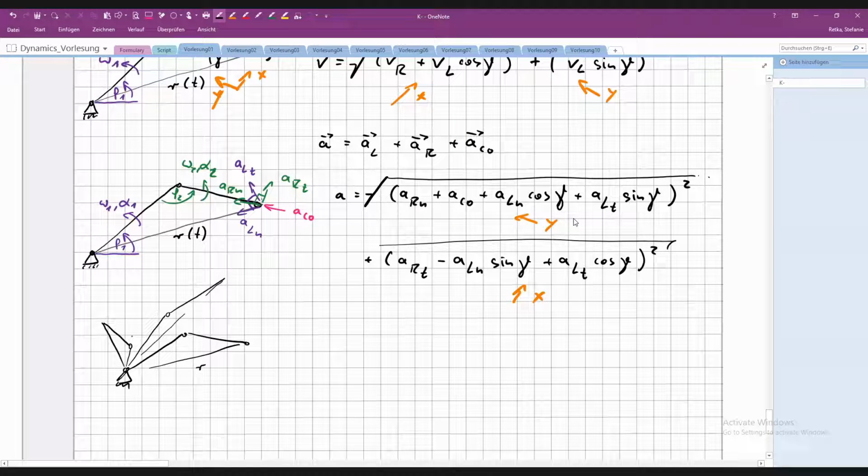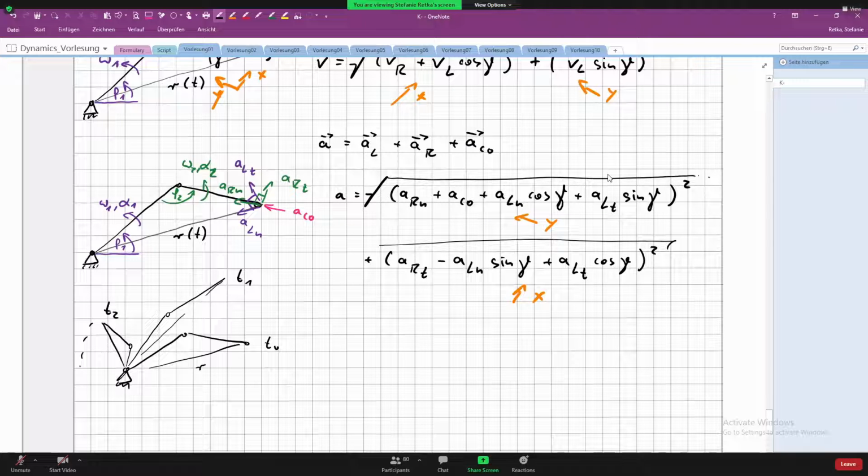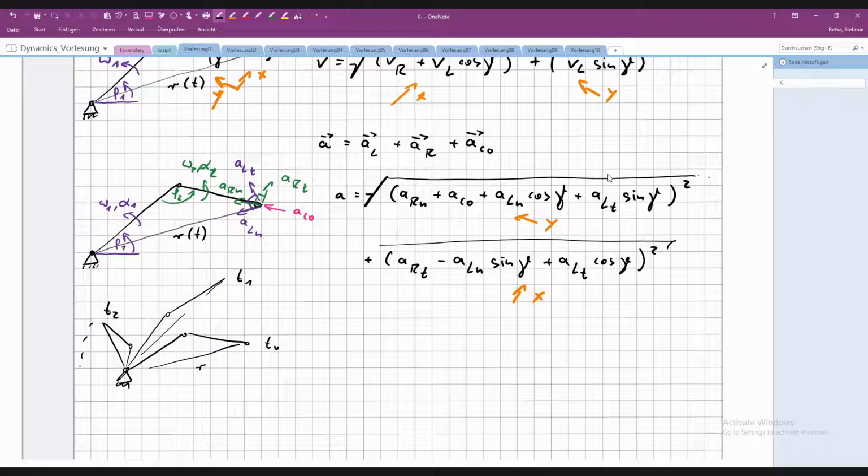So the radius changes over time since our angles are time dependent. The angles change over time, then the radius has to change over time as well. T0, T1, T2, and so on. Okay, yeah.